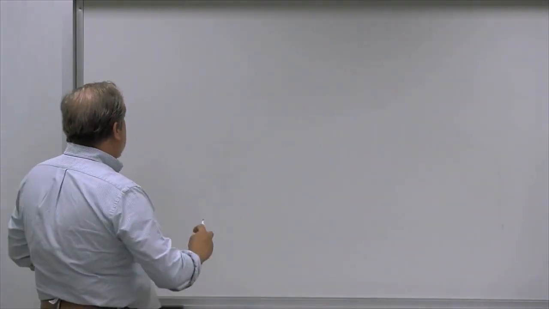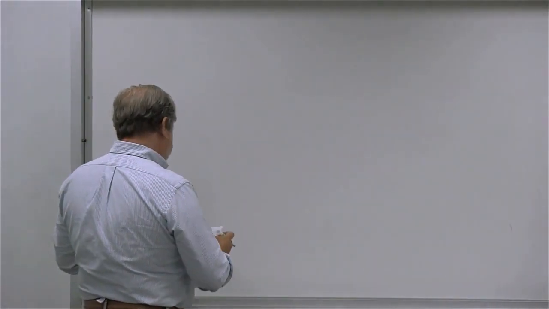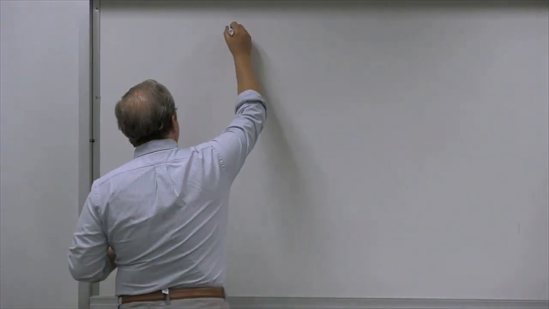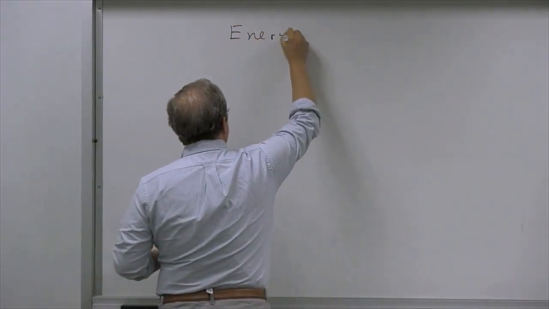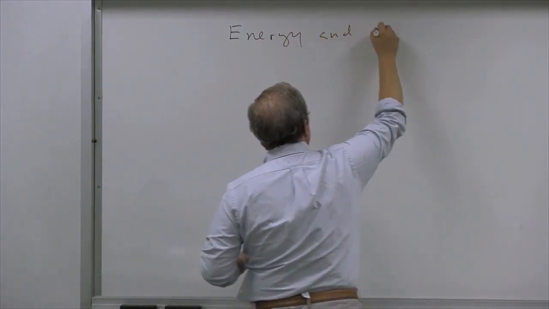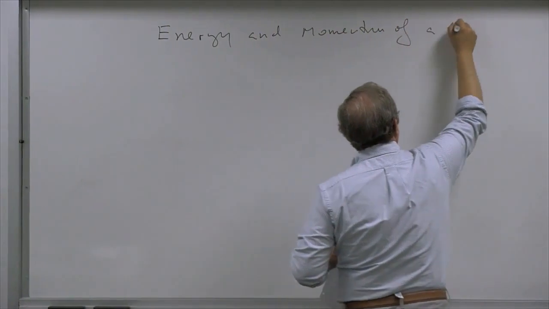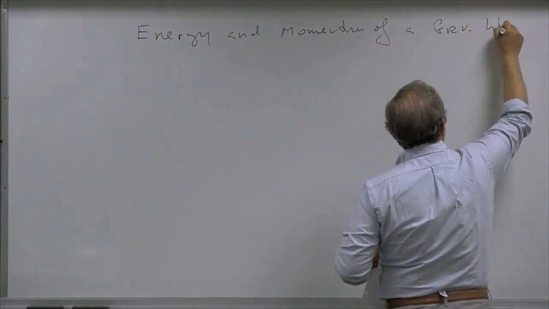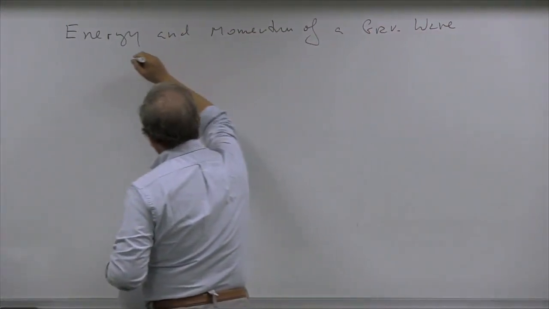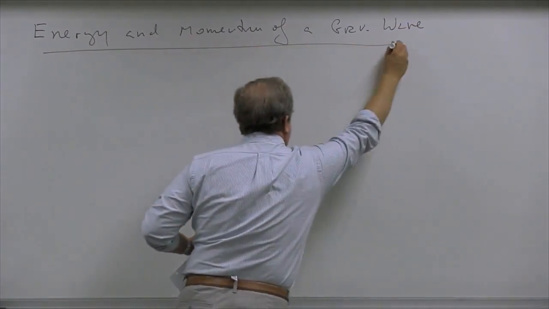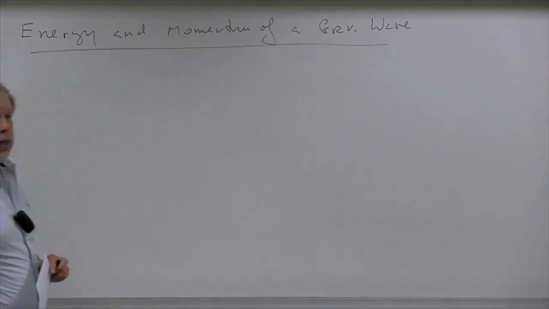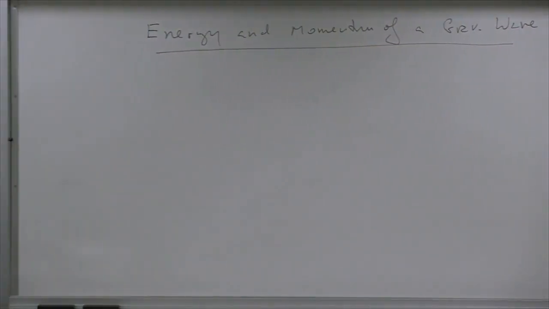So the first thing we need to discuss is the energy and momentum of a gravitational wave, because that is what will help us actually detect this wave in the first place.